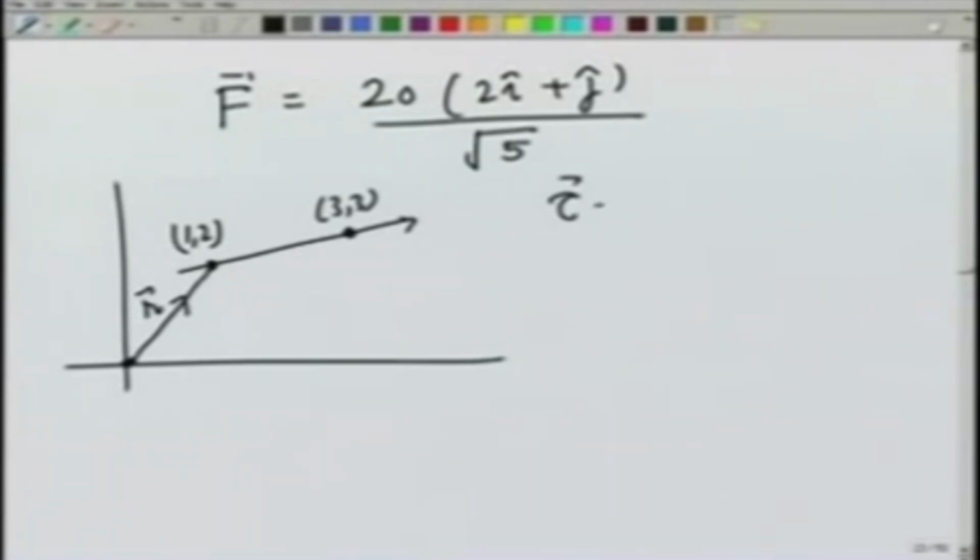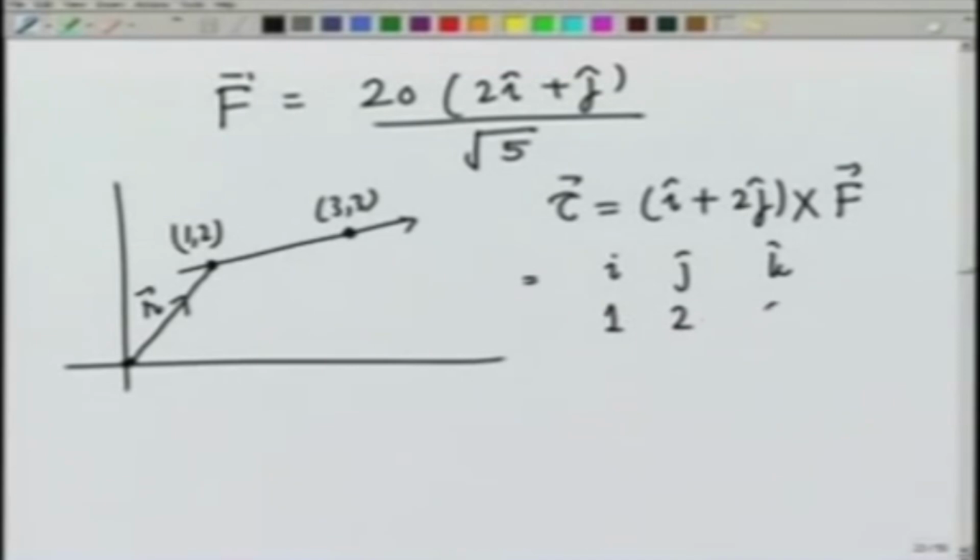So, this vector is going to be i plus 2 j and we are crossing it with F, which is going to be nothing but the determinant way: i j k, 1, 2, 0.